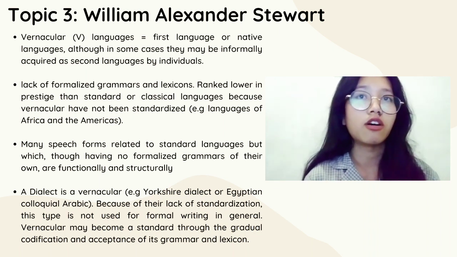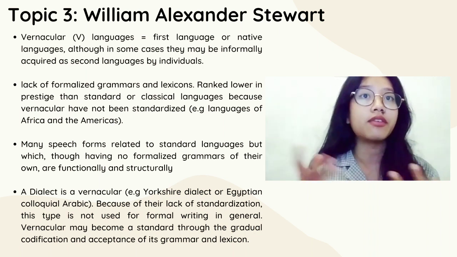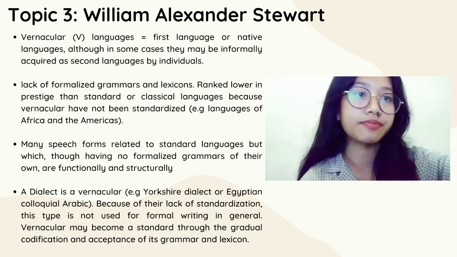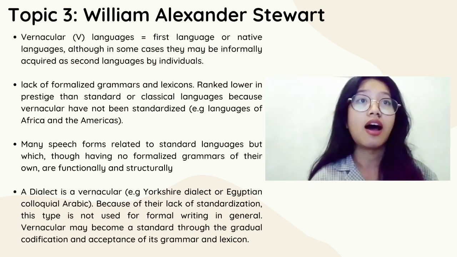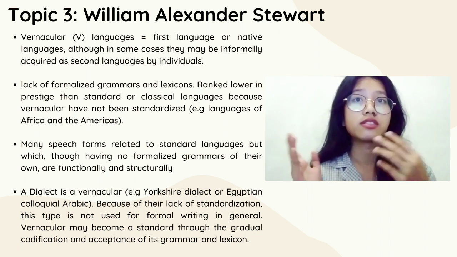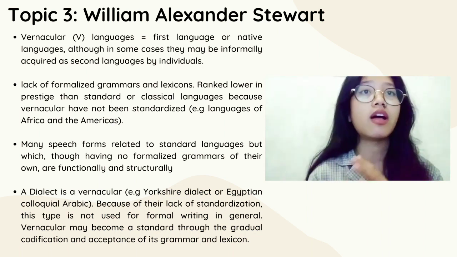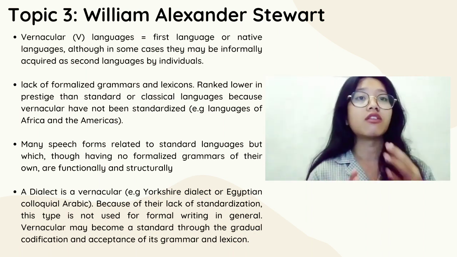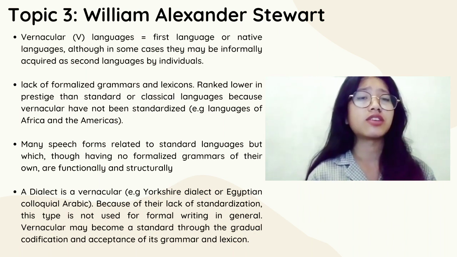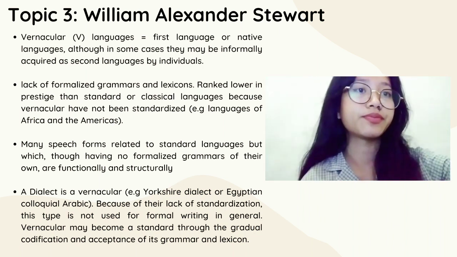Most tribal languages of Africa and the Americas are vernacular types. So also are many speech forms related to standard languages but which have no formalized grammars of their own, functionally and structurally too.